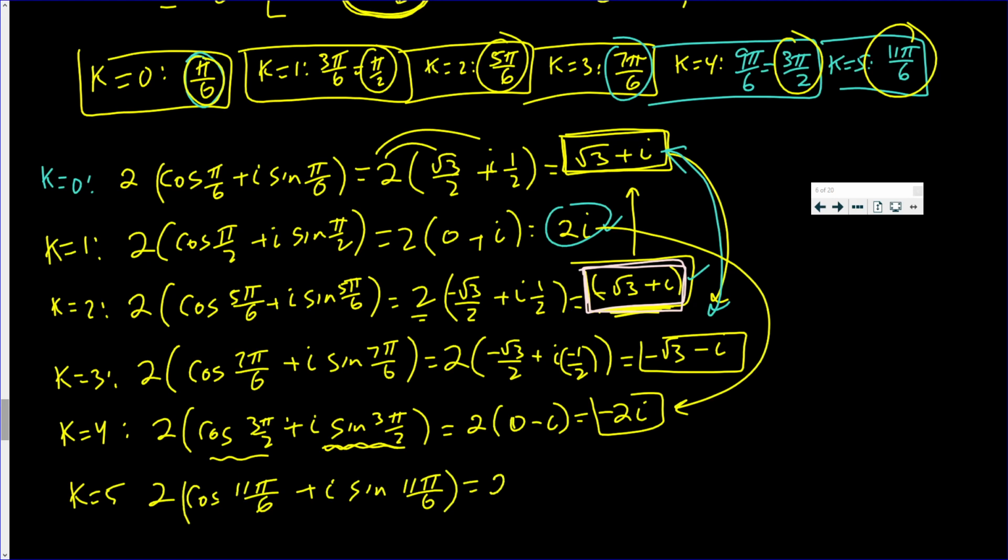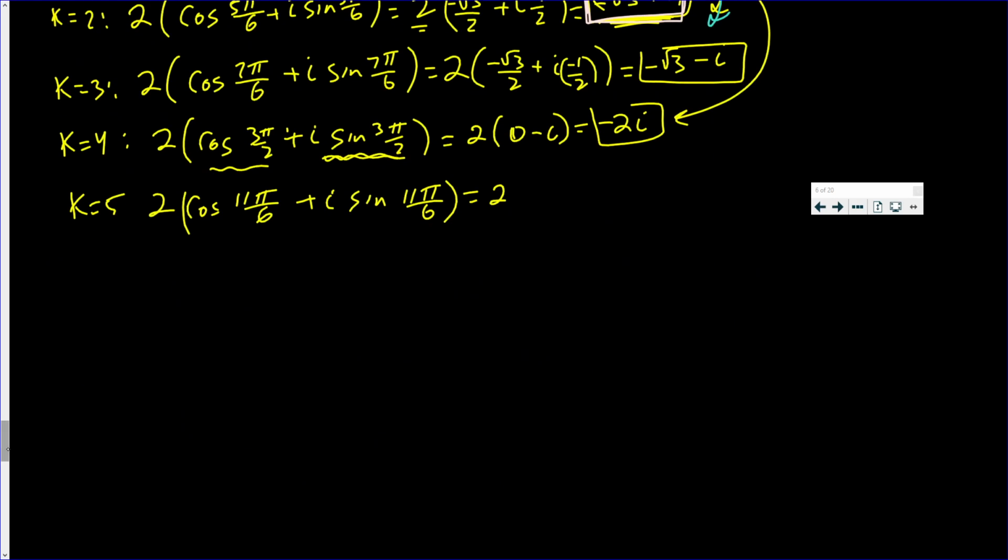Alright, so there's the 2. 11 pi over 6. Well, 12 pi over 6, that's 2 pi, minus 1 pi over 6. Well, that's 11 pi over 6.